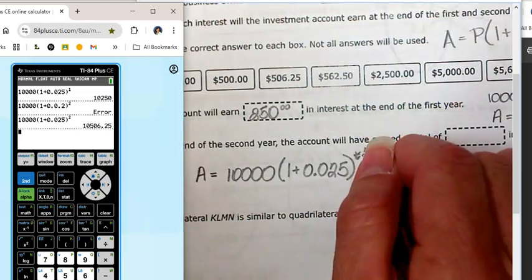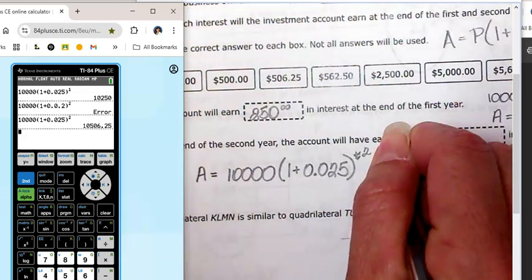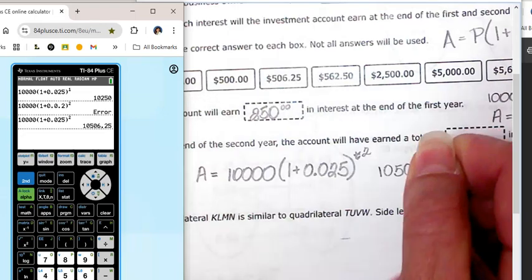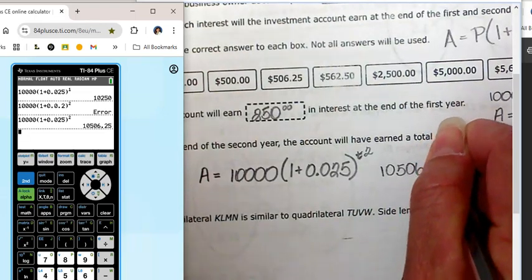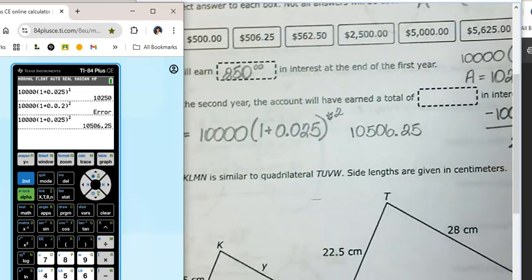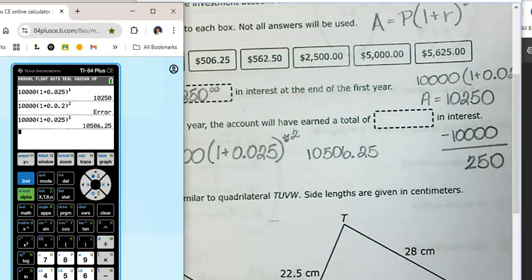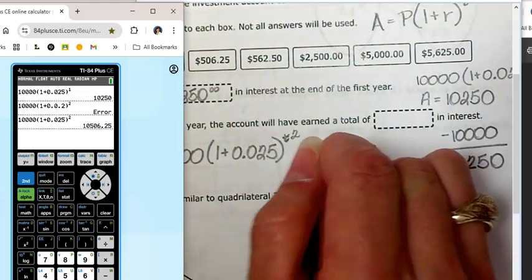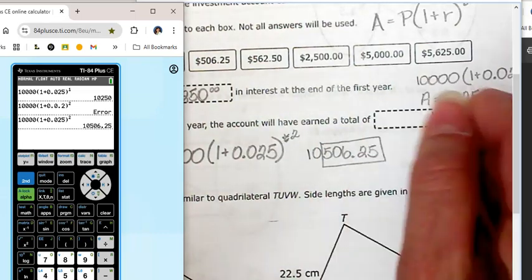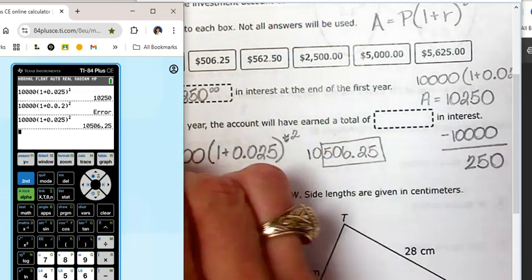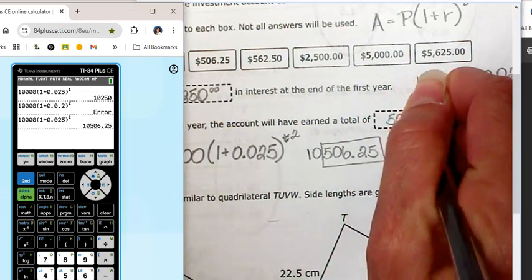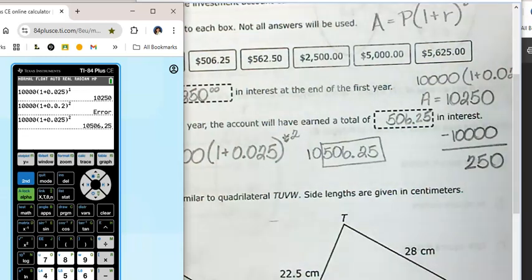At the end of 2 years, your balance is $10,506.25. Now, careful on what they're asking. It says at the end of the second year, the account will have earned a total of, remember it started with 10,000, so this is how much you've earned in interest after 2 years. At the end of the second year, you have a total of $506.25 in interest. Okay?